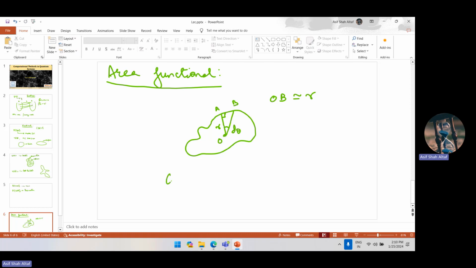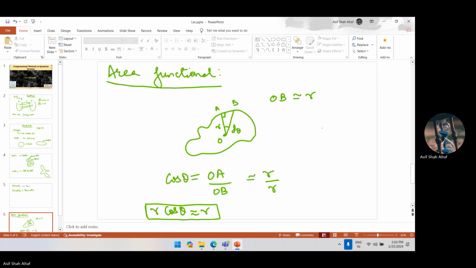So if you calculate cos of theta, what you will get is OA by OB, which will be approximately R by R. So you can say R cos theta is equal to R.